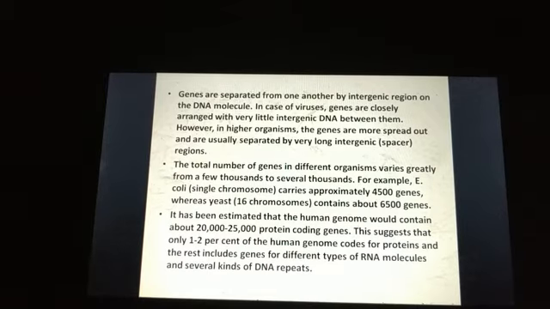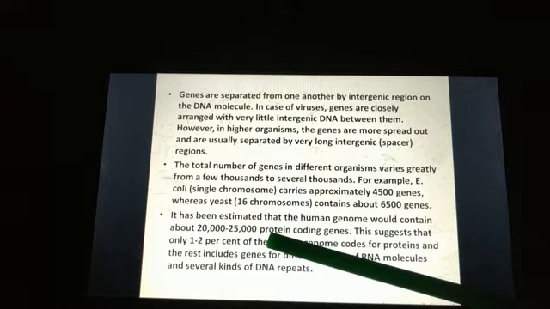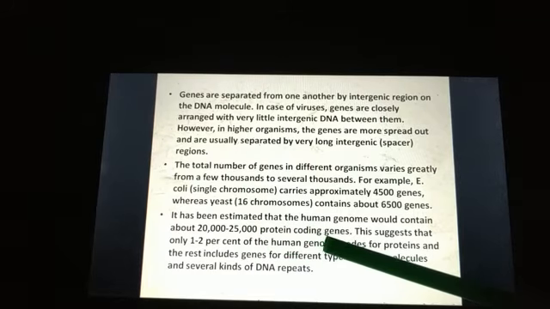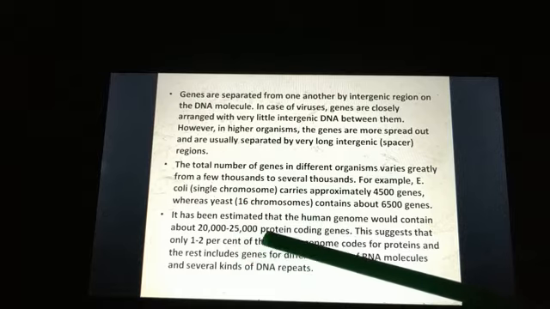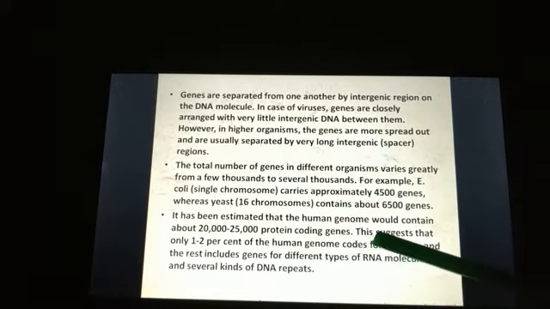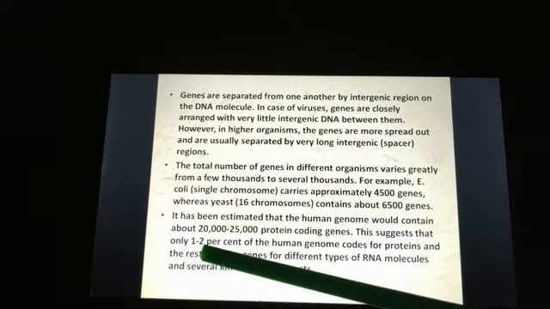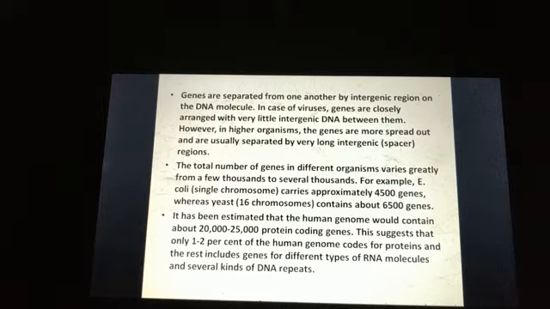Next, it has been estimated that the human genome would contain about 20,000 to 25,000 protein coding genes. So we have approximately 20,000 to 25,000 protein coding genes in us. And it is suggested that only 1 or 2% of the human genome codes for protein.